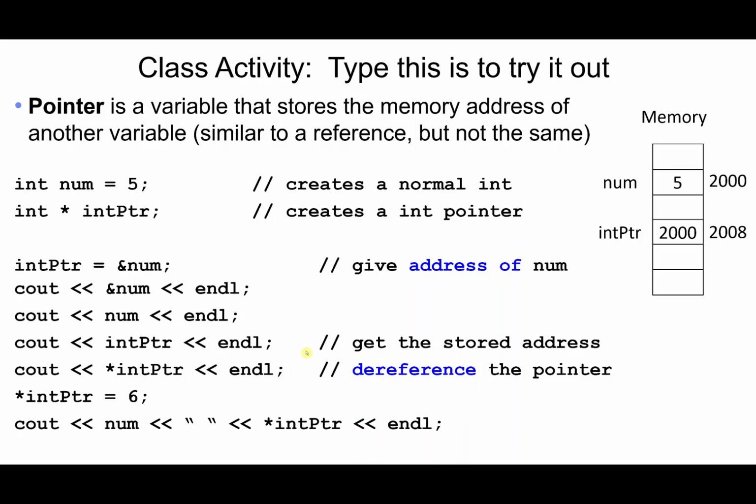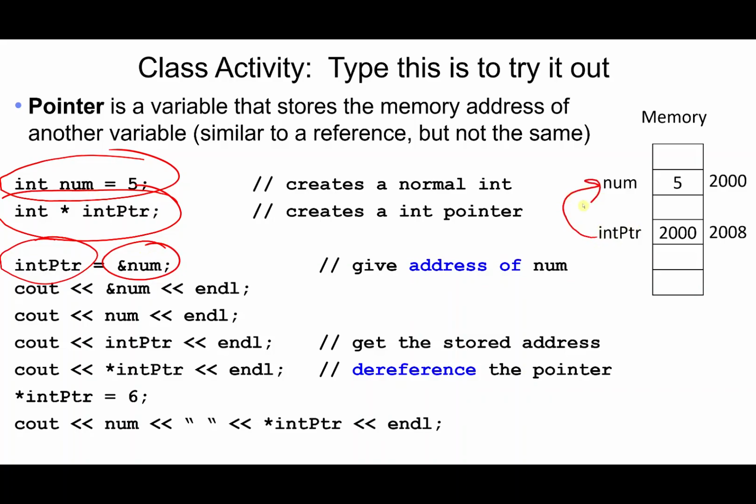So basically, if I have this, int num equal 5, int asterisk int ptr, and then I say, okay, int ptr is pointing to num, which is something like this, right? Then I print the address of num. This is going to print the address of num, which is the 2000. Address and num, this is printing the 5.